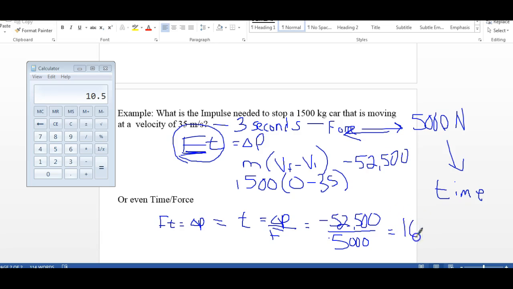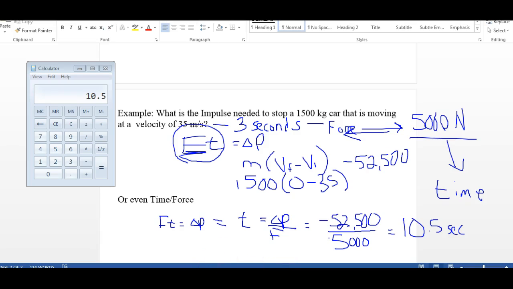So if you're moving along in this car with that mass and you apply this force, it'll take you 10.5 seconds to go from this speed to 0. That's the 3 examples of those.